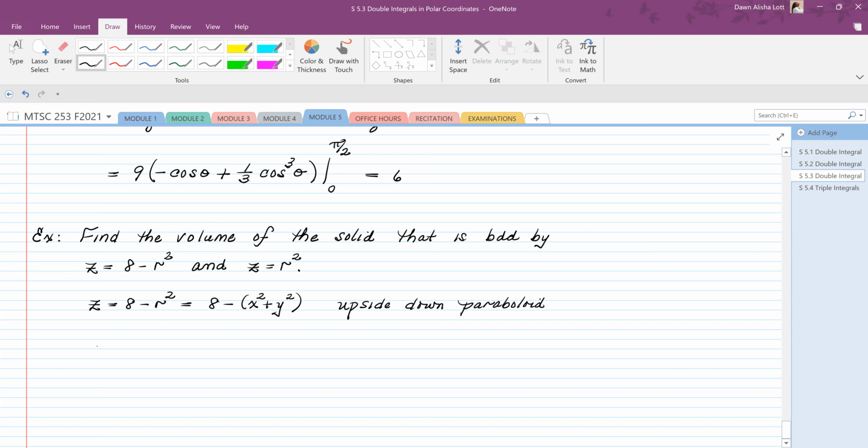And then Z equal to r squared is x squared plus y squared, which is a regular right side up paraboloid.